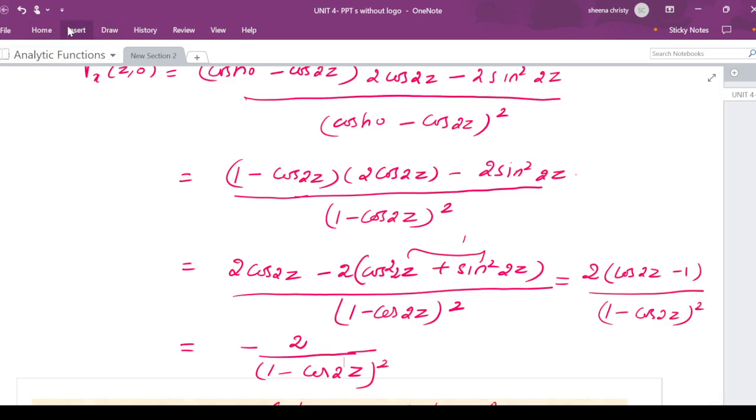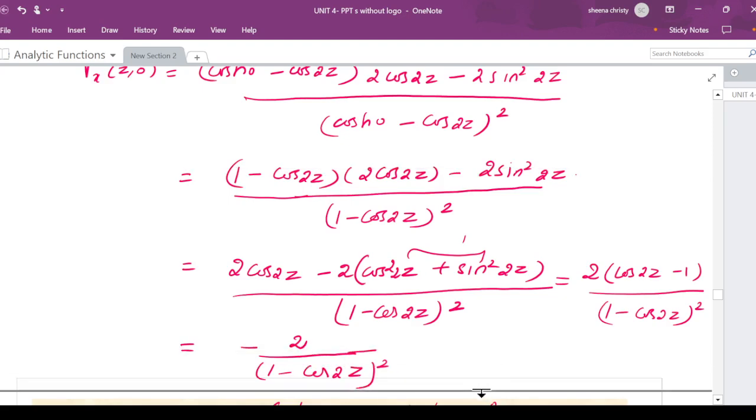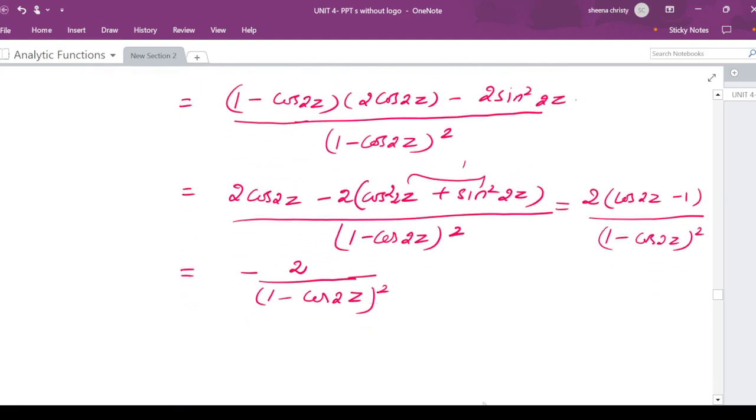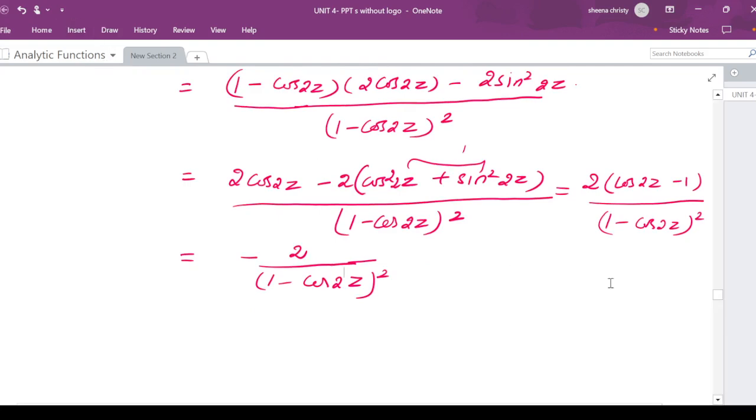So what is 1 minus cos 2z whole square? You are going to further simplify it. We know that cos 2z can also be written as 1 minus 2 sine square z. So therefore 2 sine square z is going to be 1 minus cos 2z.